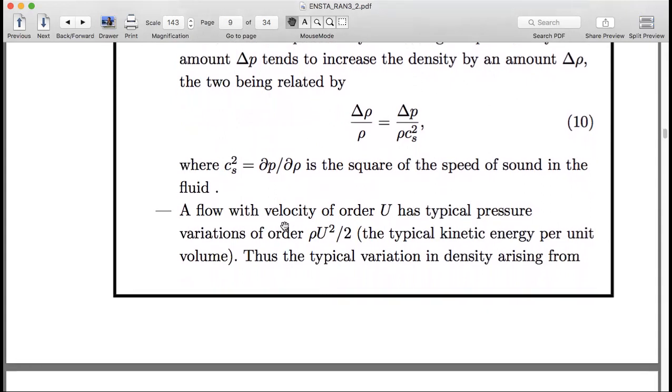But it's a good comment in the sense that obviously we can cancel the density, and this equation would still be valid. So in this expression, I have a change in the pressure.